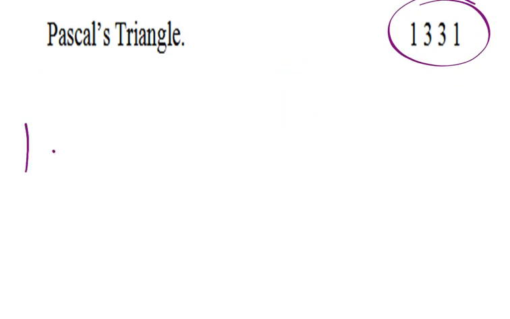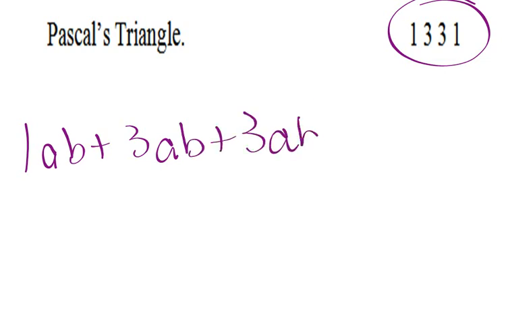So we're going to go 1ab plus 3ab plus 3ab plus 1ab. Now fix all your powers. It's going to go 3, 2, 1, 0 on my a. And for my b, we're going to go 0, 1, 2, 3.